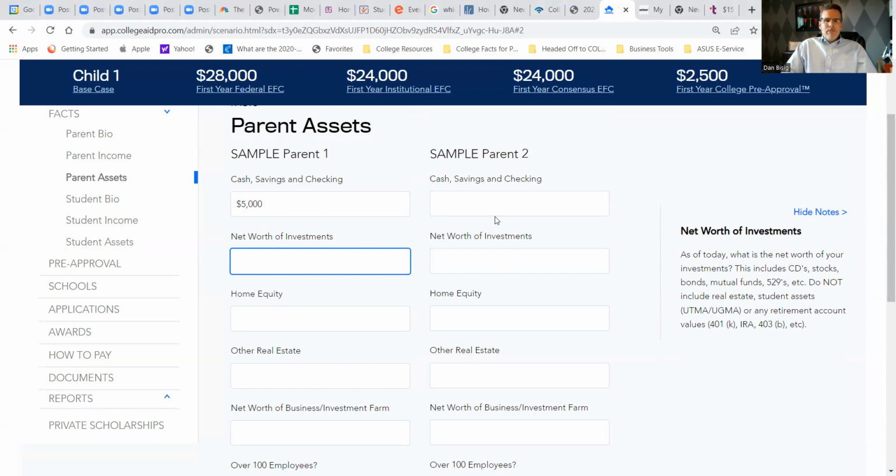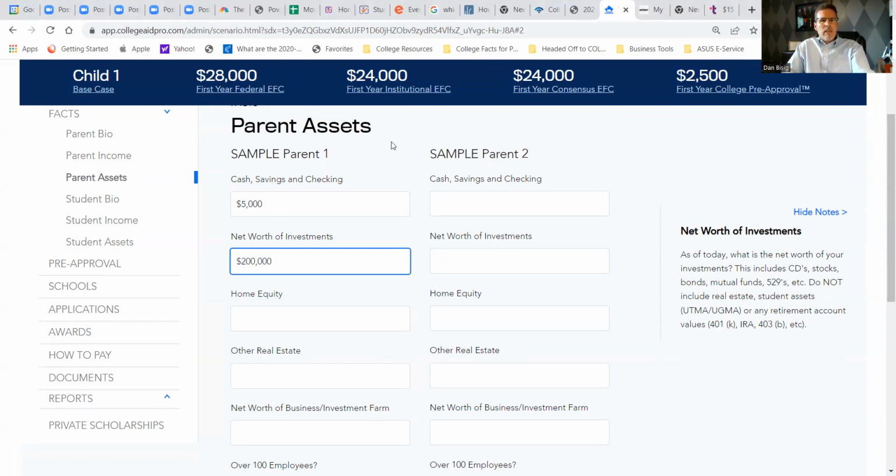Remember, in this particular screen we're talking parent assets here. So you do not put anything like your child's accounts. Their checking account, their savings account, that goes in a different spot. You do include investment real estate or a second home that you've got. Those kinds of details do go in here. So let's say that parent one has, oh, I don't know, $200,000 worth of additional assets.